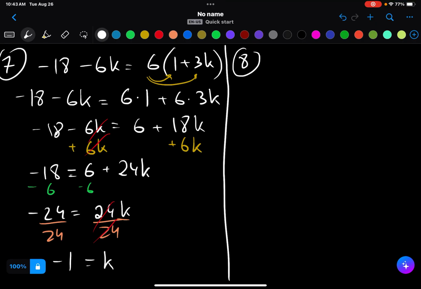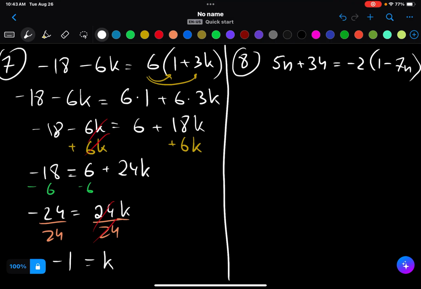Draw a line so we know where each problem stands. So it is 5n plus 34 equals -2 times the parenthesis 1 minus 7n. All right, as always, open up the parenthesis.